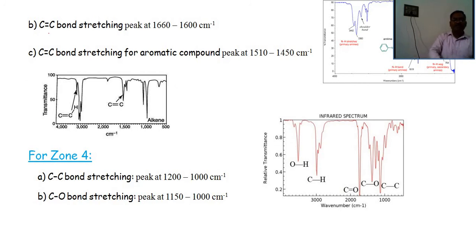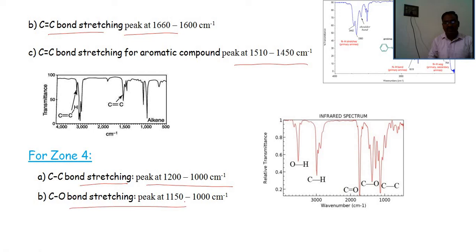The C double bond C stretching peak is at 1600 to 1680. The carbon-carbon bond stretching for aromatic compounds is at 1510 to 1450 per centimeter. In zone 4, carbon-carbon stretching and carbon-oxygen bond stretching peaks appear.